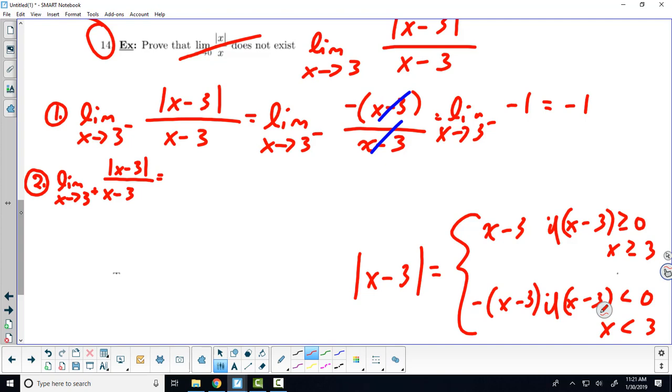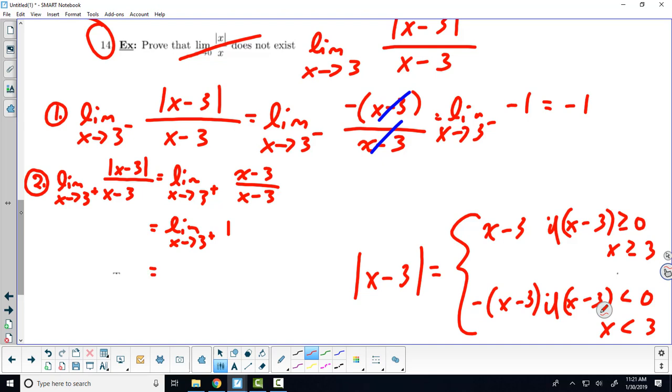What do we do with an absolute value when the expression is positive? Leave it alone. So this is equal to the limit as x approaches 3 from the right of x minus 3 over x minus 3, which is equal to the limit as x approaches 3 from the right of 1.